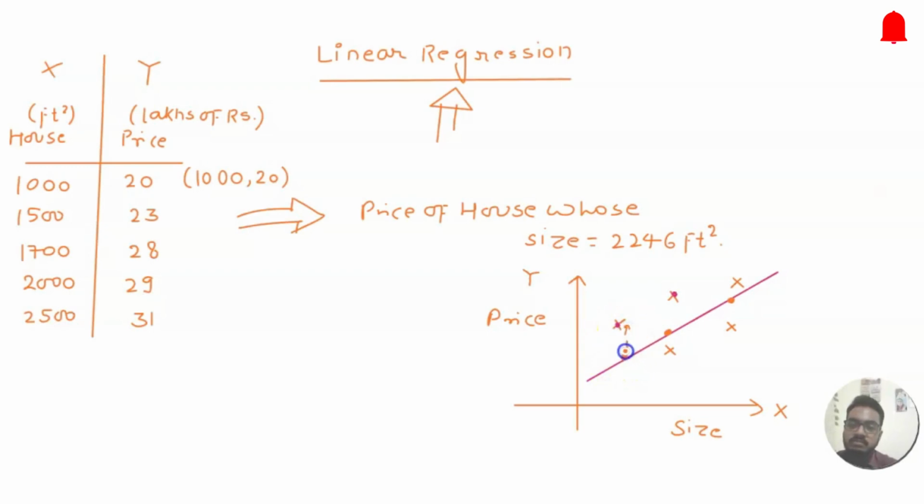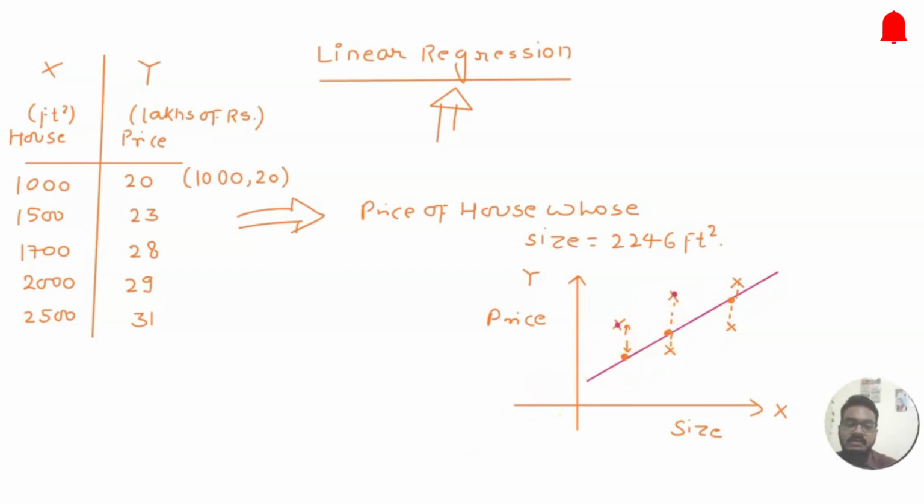The distance between the actual point and the predicted point is represented by these vertical lines. Our aim is to find the line such that the sum of the distances between the actual and the predicted points is minimum. That line will be our linear regression model.